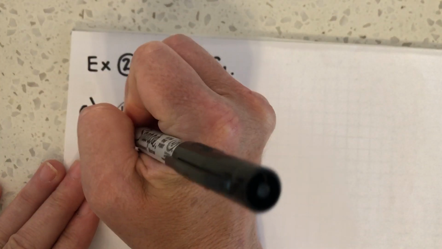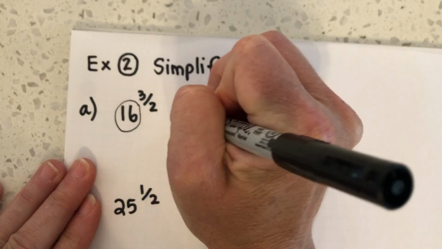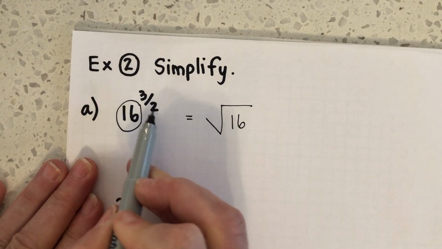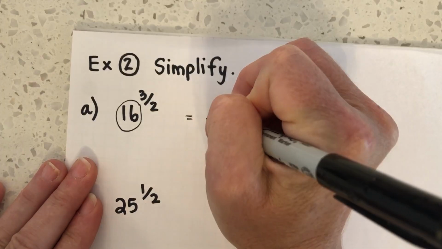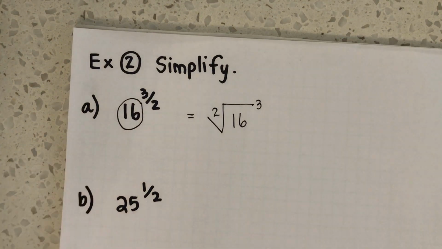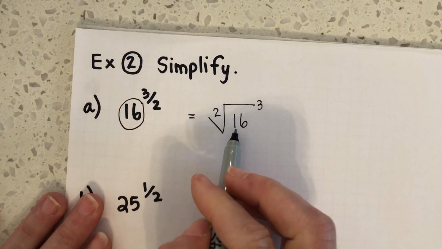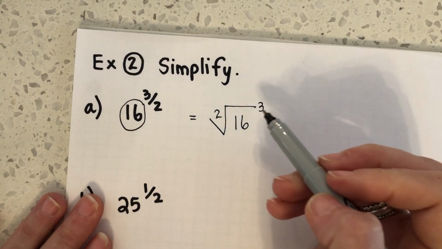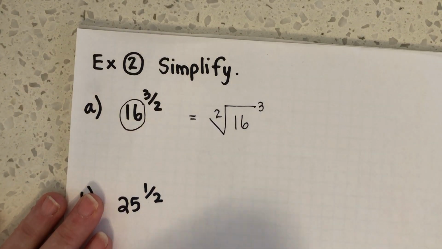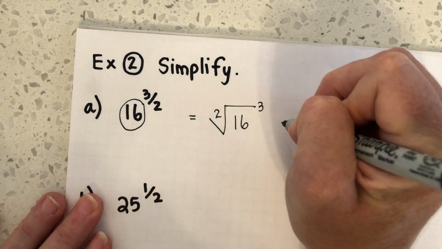So take who 3/2 is on, it's 16, put it under a radical. And then we're going to take the power over root. We're going to take the 2nd square root of it and we're going to raise it to the 3rd power. So again, you can do root first and then power, or you can do power first and then the root. 16 to the 3rd is going to be a pretty big number. I like to take the root first if I can.